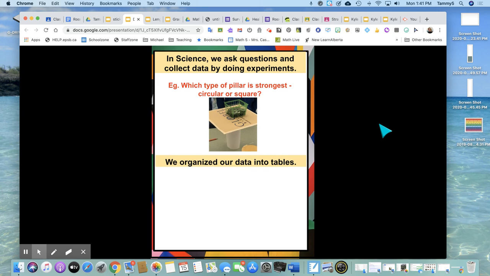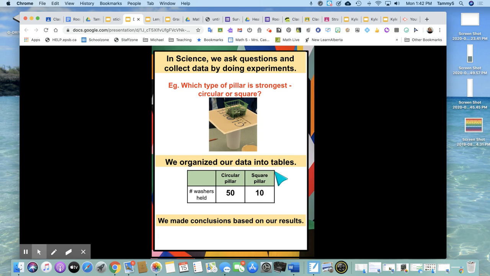So the biggest thing in collecting data is we have to come up with a question that we need to find an answer to. After you come up with your question, you do your experiment like we did, and then we organize our data into tables. We made a nice little table like so, and we said how many washers each type of pillar held before it broke.